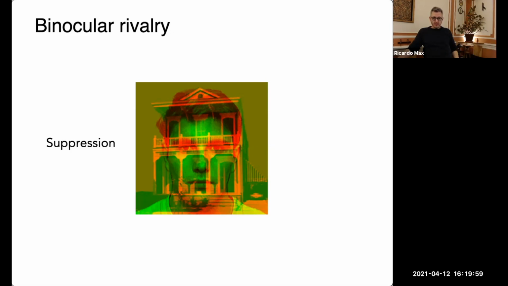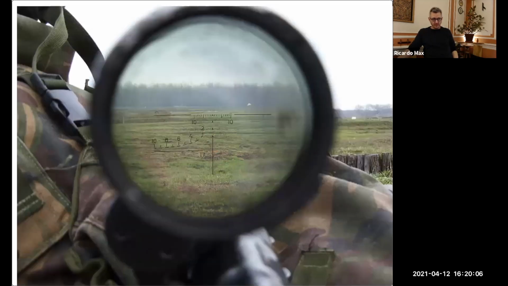Now, one interesting thing is that we can learn to suppress. So, for instance, going back to the sniper, snipers learn to shoot with both eyes open, and you really learn to choose which eye. They have two completely different images.